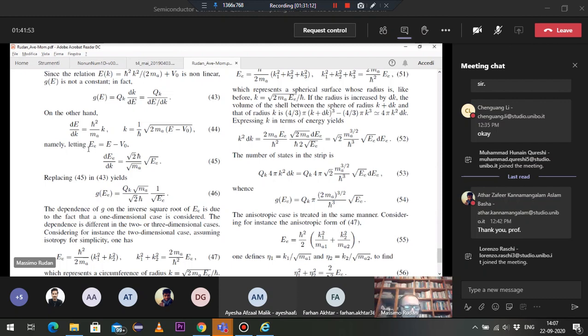Of course, the derivative of E with respect to k is equal to the derivative of E sub E with respect to k, because they differ by a constant. So dE over dk is this expression, the first expression of 44, in which we may replace k with this expression.